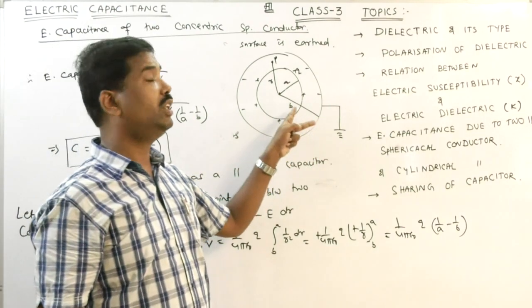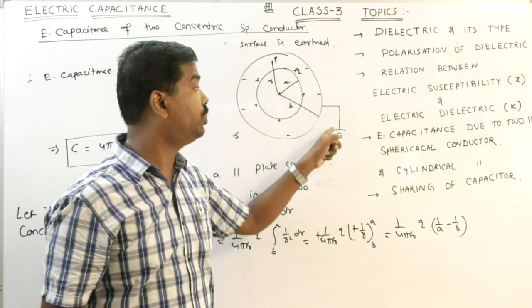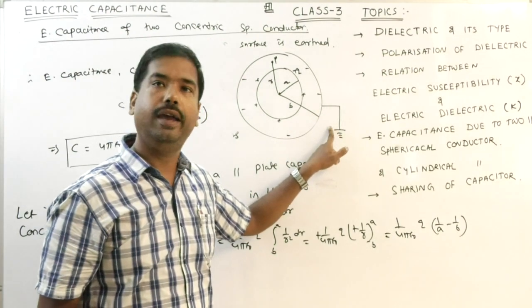This is the expression for the electric capacitance of two concentric spheres if the outer surface is earthed.